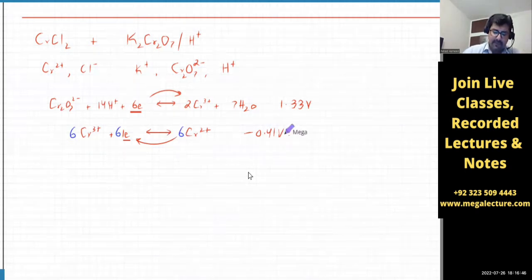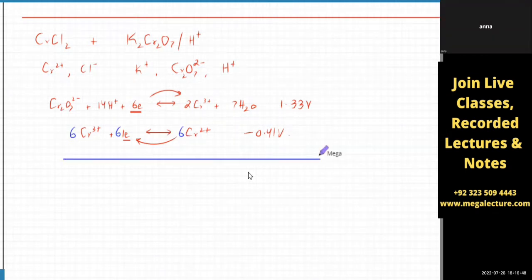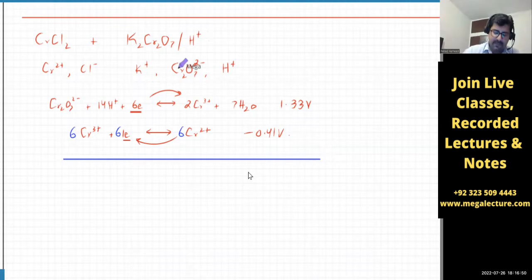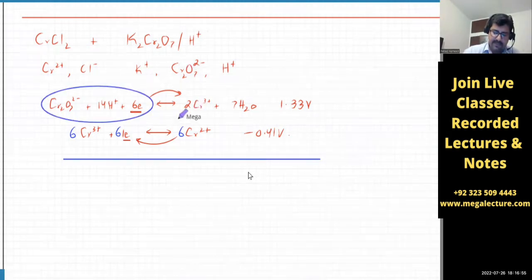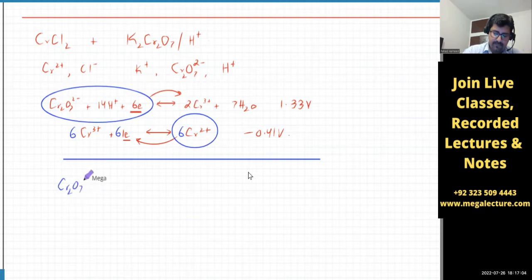And you can make the overall equation in just one go. Add up the reactants. What is the reactant in the first one? This is the reactant in the first one, and this is the reactant in the second one. Just add them together. So it's going to be Cr2O7 2 minus plus 14H plus, and I said don't add the electrons. The second equation's reactant is 6 Cr2 plus. And what are your products in the first one?